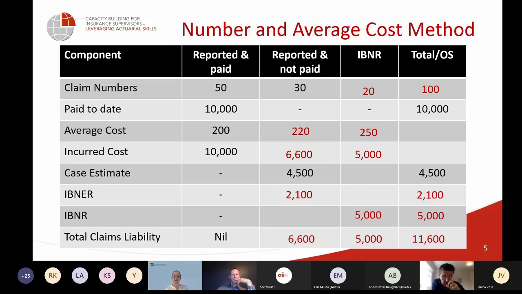So that's quite important if you think about it, if you see an evaluation report where the actuary is just setting the liability equal to the case estimate with no allowance for any development or IBNER on that. They're assuming the case estimates are perfect, that there are no shortcomings in those at all. That would raise a question in my mind.